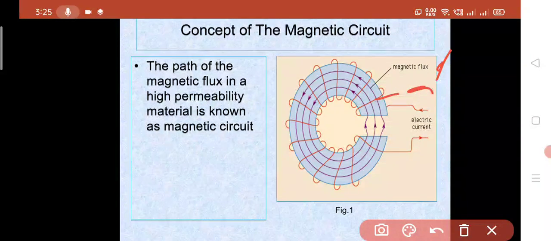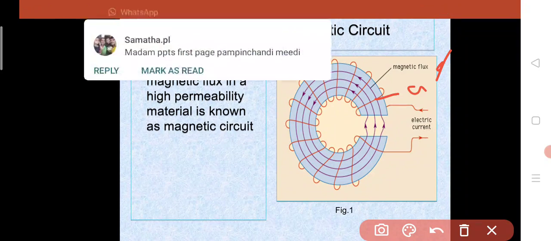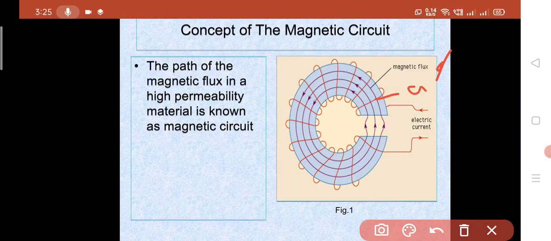This is the cross sectional area, and mean length L, and flow of the current I. This is the number of turns N. So this is the flux phi. This is the magnetic circuit in the form of toroid.